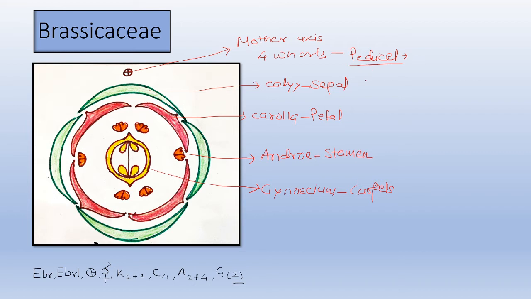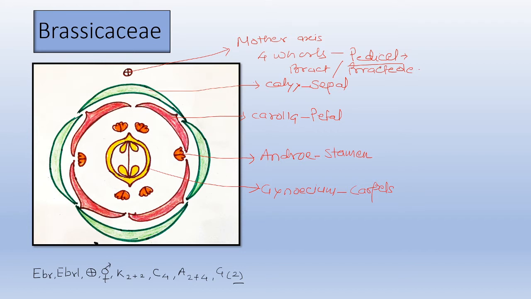Then after the pedicel we have to observe whether there is any bract or not. Presence of bract and bracteole we have to observe, and if bract is present we call the flower bracteate. If bracteole is present we call the flower bracteolate.